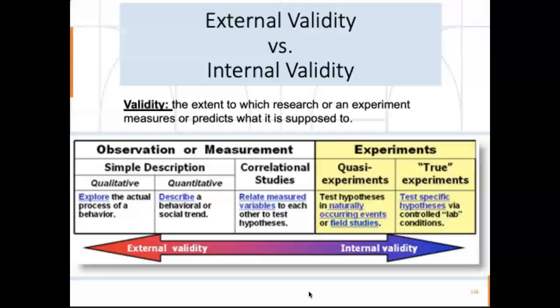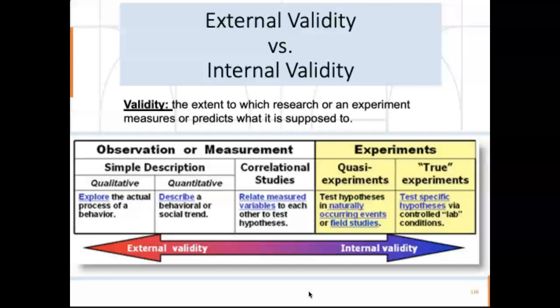So there's this continuum scale from external to internal validity. And external validity is going to be more natural, right? Like naturalistic observations or even surveys, okay, which would be a quantitative method. Correlational studies, we can't have true cause and effect. So you've got this continuum scale. But when it comes to internal validity, we have quasi-experiments and true experiments.